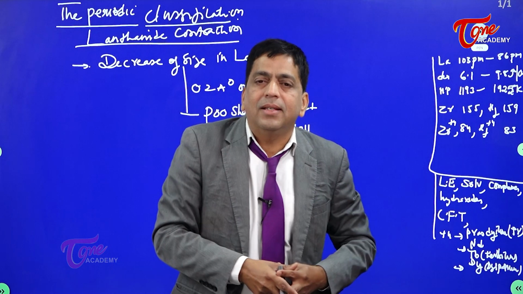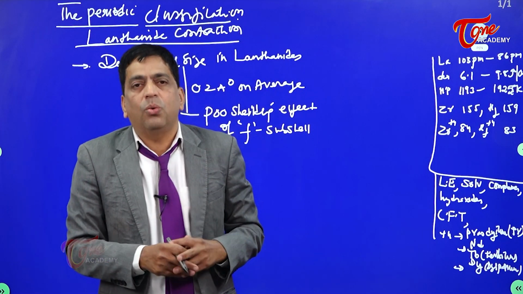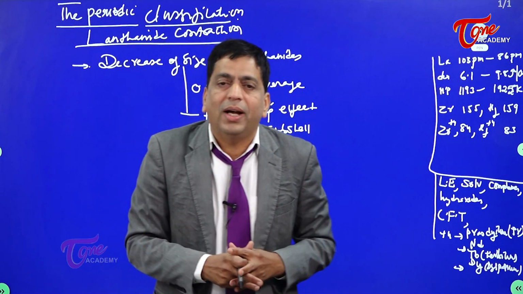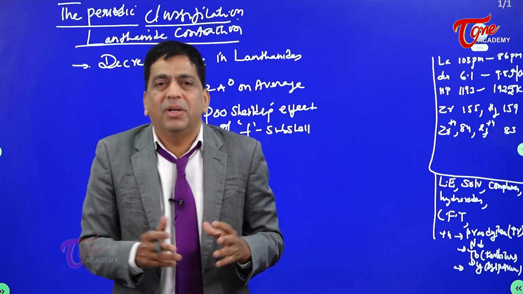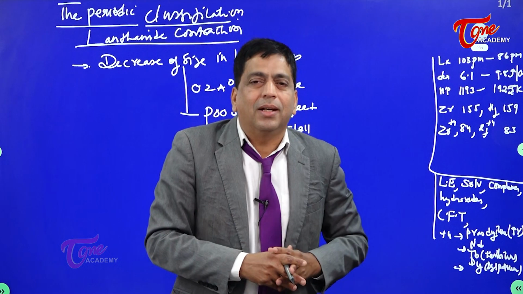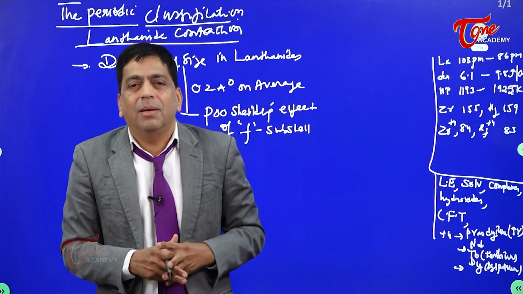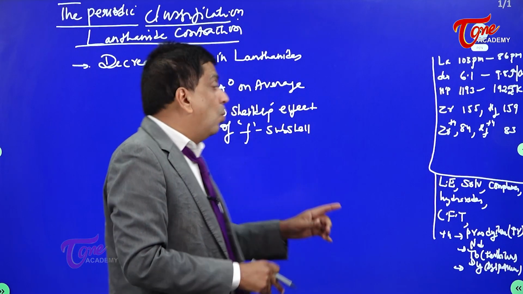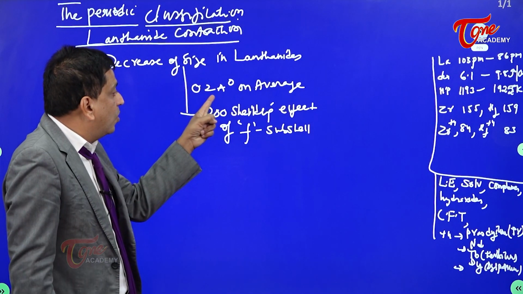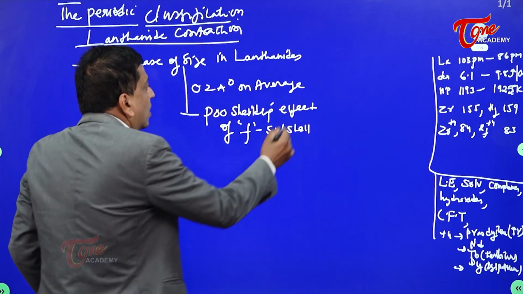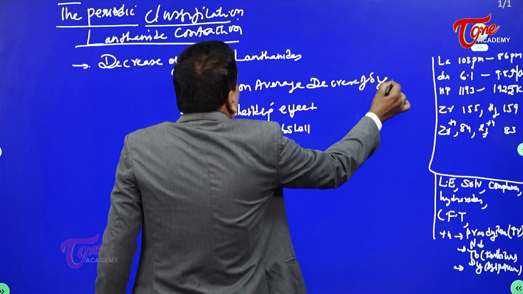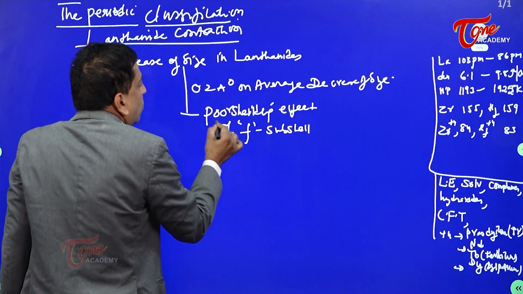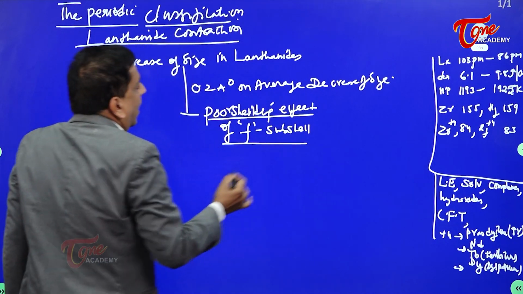That decrease is around 0.2 angstroms on an average, which cannot be discounted, because that has a great bearing on the physical and chemical properties. And the reason for this 0.2 angstroms average decrease of size is the poor shielding effect of the F subshell.